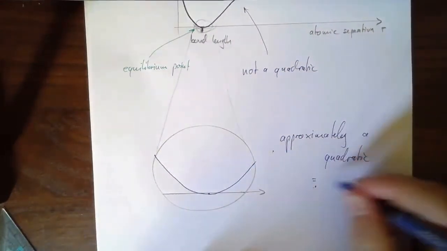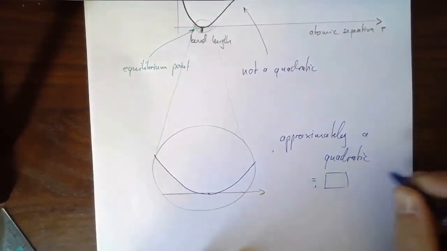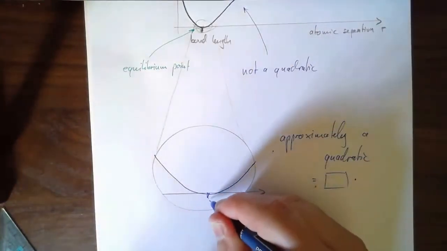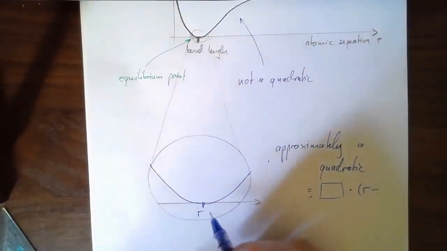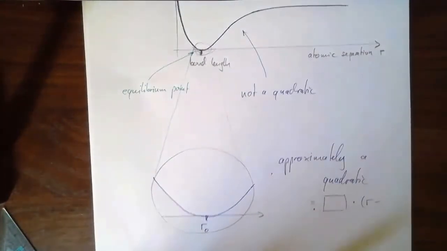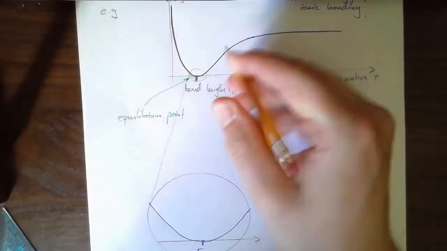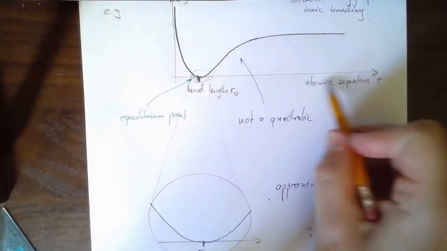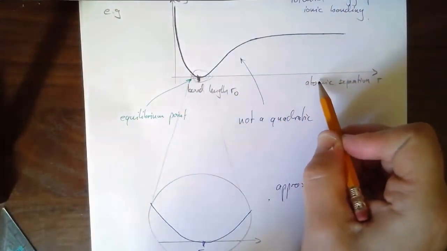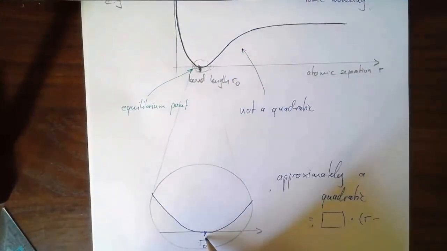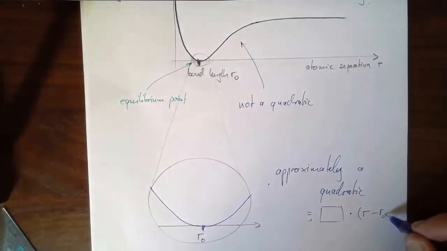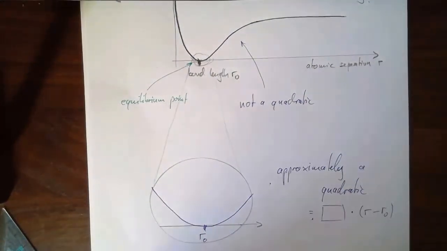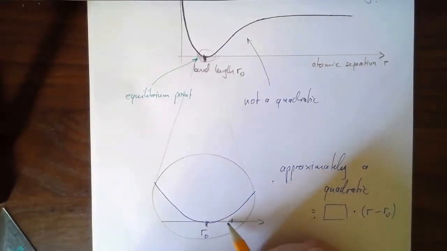So I could write this as something times the displacement from this point squared, which I should write as r minus r0. Let's call this distance r0, the bond length here. Remember, the position here labels the distance between the two ions, so this is the equilibrium distance. r minus r0 is the R value here, the separation, minus this.